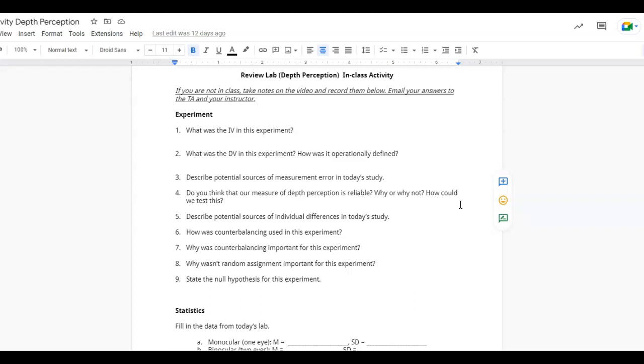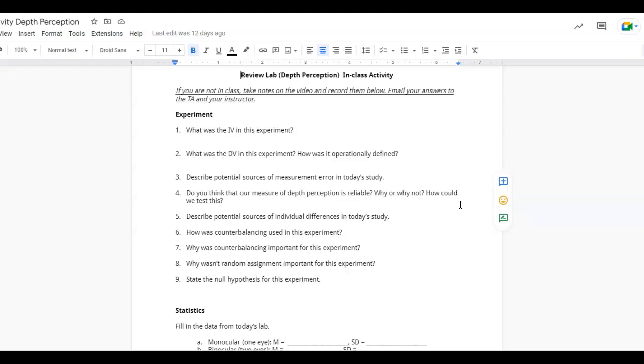So in terms of whether or not you think our measure of depth perception is reliable, a reliable measure is something that's repeatable. Right? That is, if your depth perception is very good today, it should be very good tomorrow. Likewise, if it's very bad today, it shouldn't suddenly be very good tomorrow.